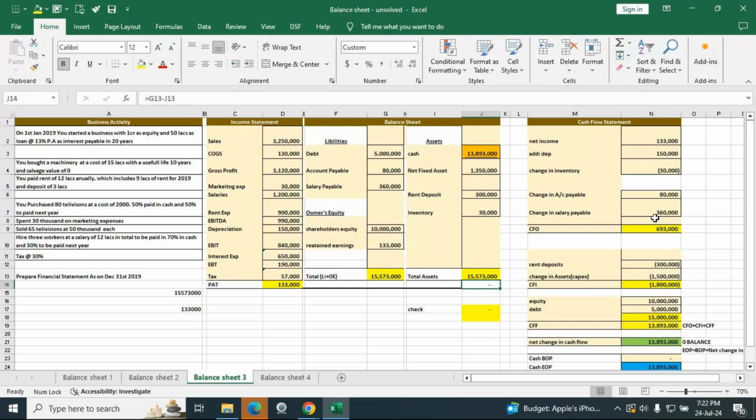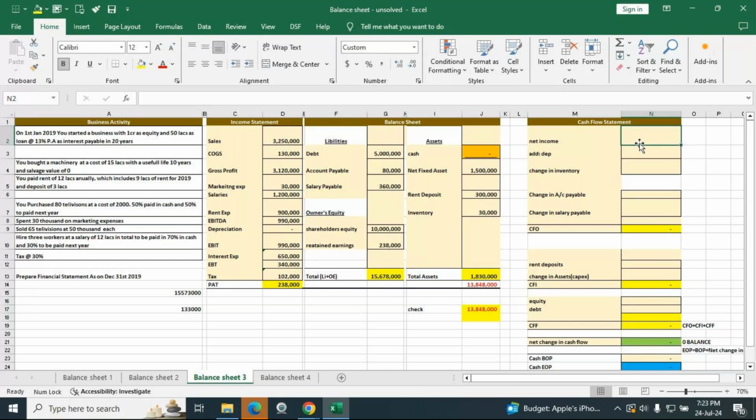Ma'am, could you explain the cash flow statement once again? Okay, let me remove these things. So here, net income.